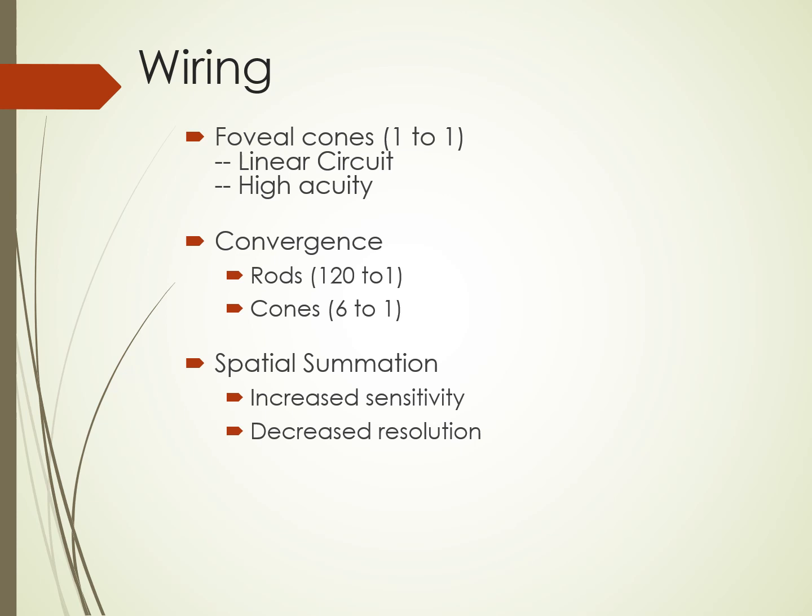So for the convergence, we have what's called spatial summation, because these are across space on the retina, and that spatial summation, which happens because of that convergence onto a single neuron, gives us increased sensitivity. What I mean by sensitivity is sensitivity to dim light or to low light levels, but we decrease the resolution. We have a low acuity.